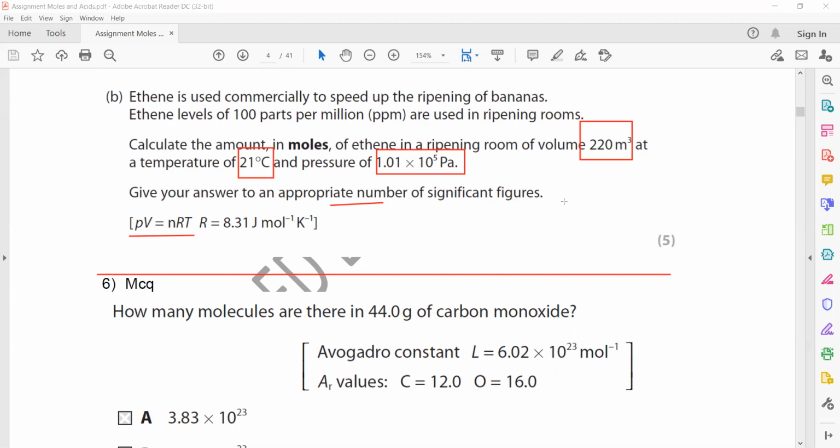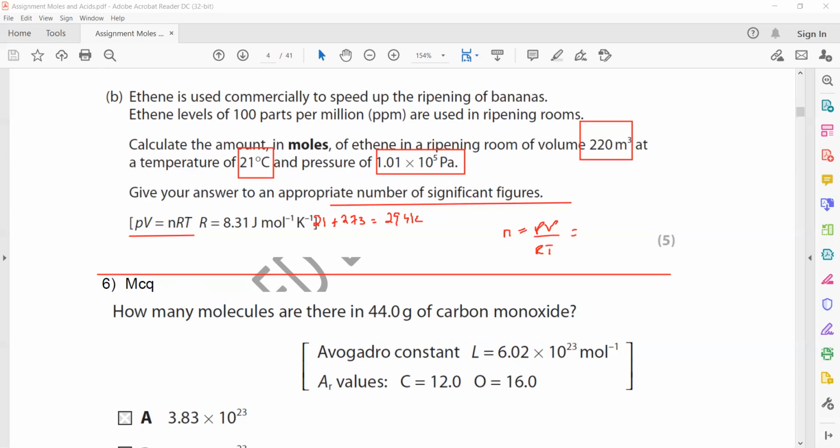We'll add 273 to convert this temperature into Kelvin. So it is 21 plus 273, which equals 294 Kelvin. And we have the formula PV equals nRT, so n equals PV over RT.